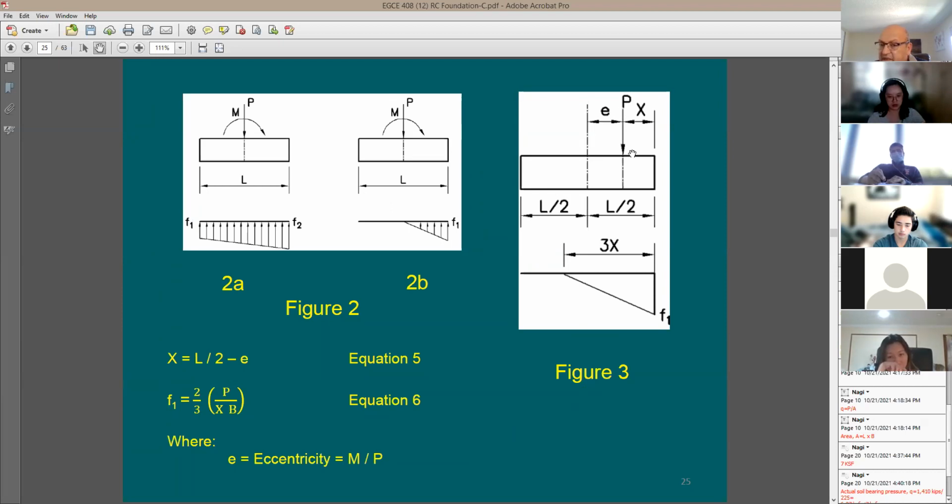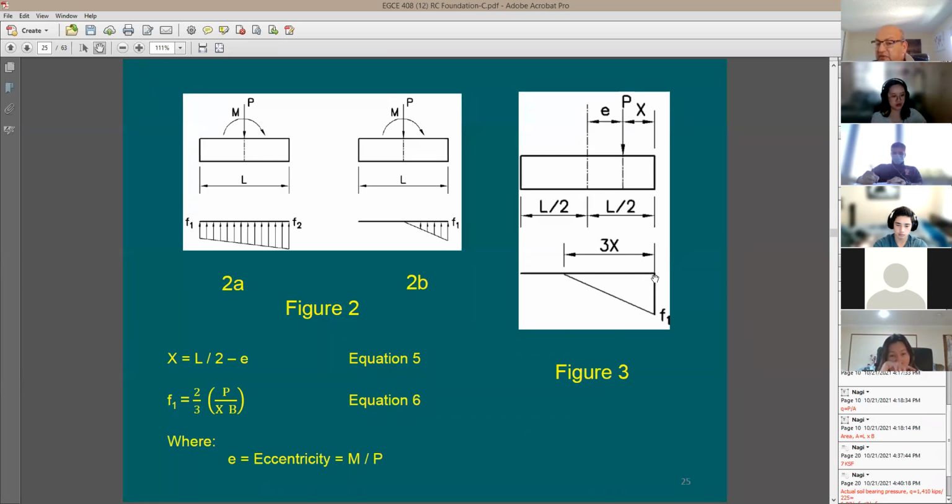This is the force P, and the moment is equal to P times E. So what you have is P and M like this. I can take these two and replace them with just one force, P, where E is equal to M divided by P. It's as if you have a vertical load at distance E from the center of the footing. How do I know the center of the footing? Because here it says L over 2 and L over 2.